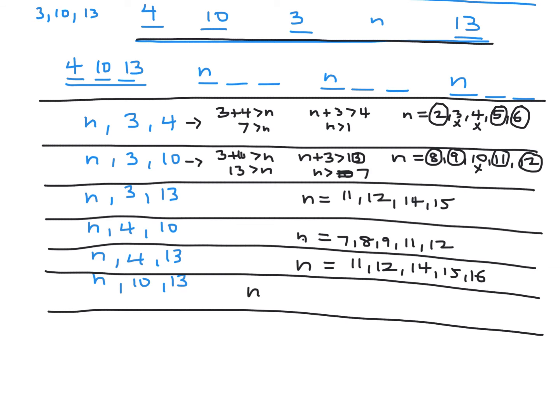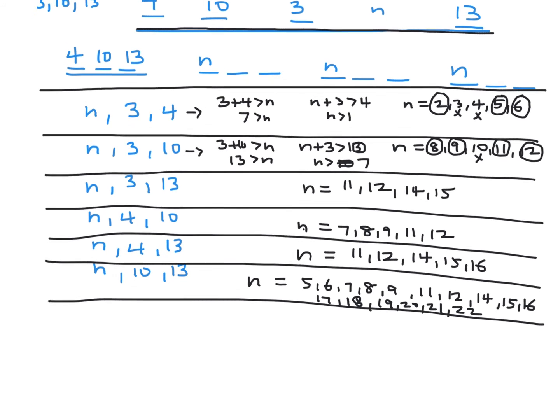And this one has a lot of n's. This one is 5, 6, 7, 8, 9. And then you skip the 10, 11, 12. Skip the 13 because you can't have two numbers twice. 15, 16, 17, 18, 19, 20, 21, and 22 actually. So a lot of n's.